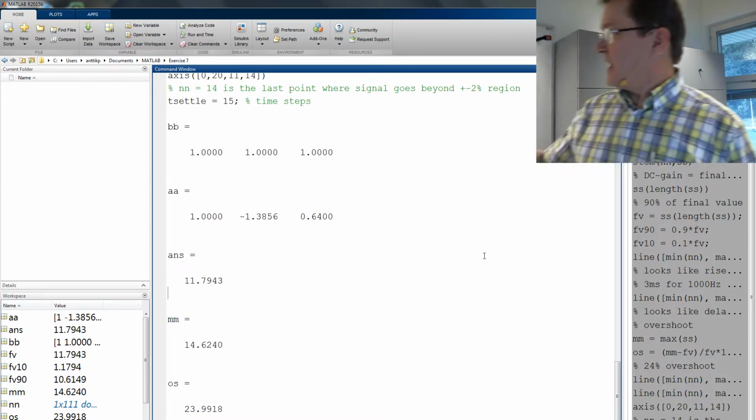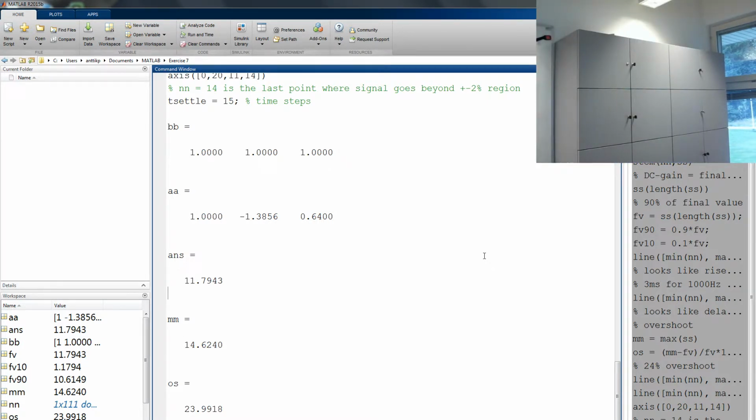Okay, so it's basically the limit as z approaches 1, which is quite simple in our case. If you don't have any poles, then you just calculate the value at that point.